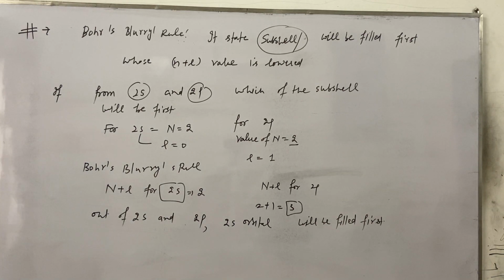That is the example of Bohr's rule. It states that the sum of n plus L must be lowest to fill the electron first in a particular subshell.